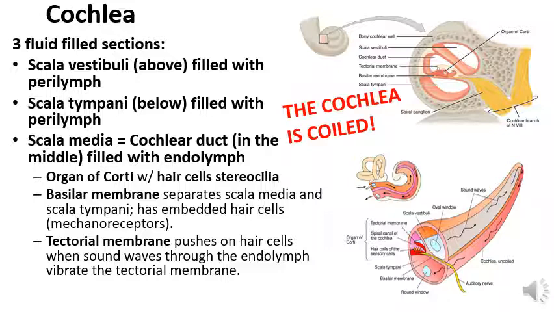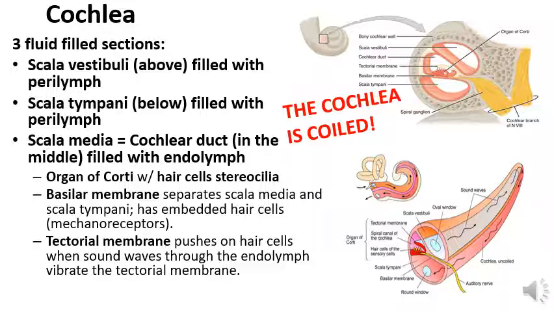Now I want to take a closer look at this cochlea, in terms of this thing that I called the organ of Corti. The organ of Corti stretches the entire length of the scala media. The scala media, remember, is the cavity found in the middle. Now, the organ of Corti consists of cells that are found on something called the basilar membrane.